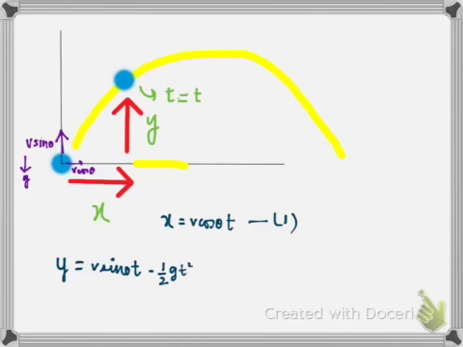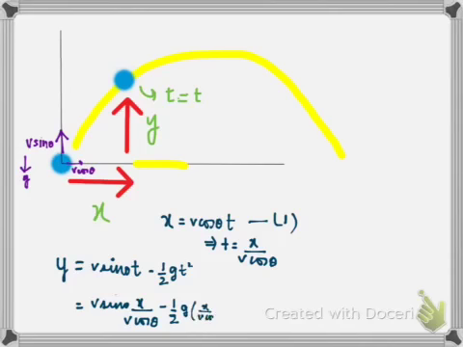Now from the first equation we can find that t will be equal to x upon v cos theta. Therefore when we put the value here, we get v sin theta, t is x upon v cos theta, minus half g into x upon v cos theta whole square. And this in turn will give us v and v will get cancelled here.